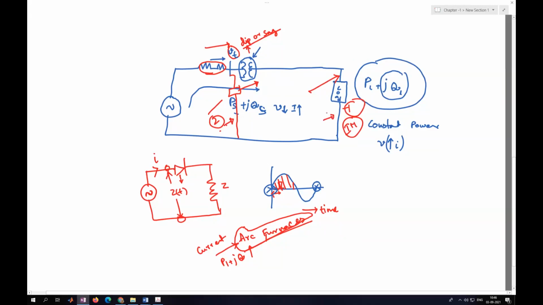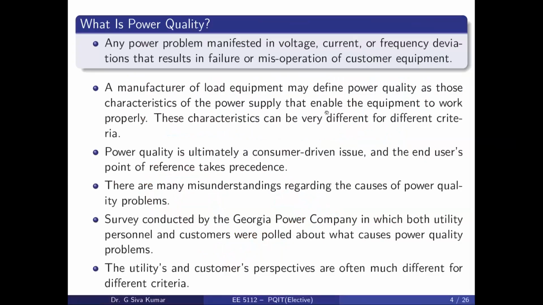I was just giving an example of issues raised in a system. There is a huge misunderstanding with respect to the causes of power quality issues. In this regard, a survey was conducted by Georgia Power Company, in which both utility personnel and customers were polled about what causes power quality problems.